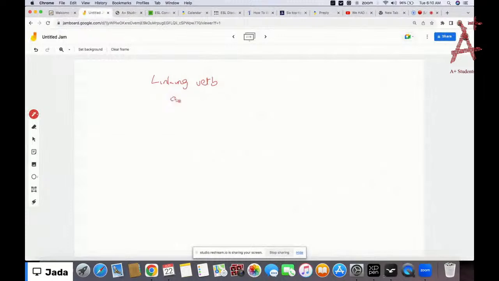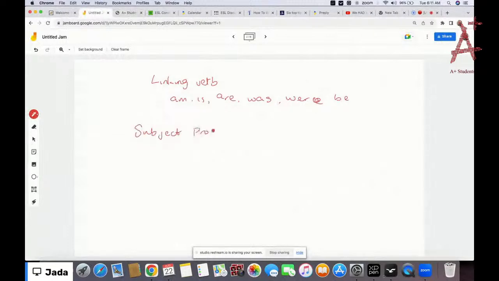We have is, are, was, were, and then be. Okay, and then we have subject pronouns.